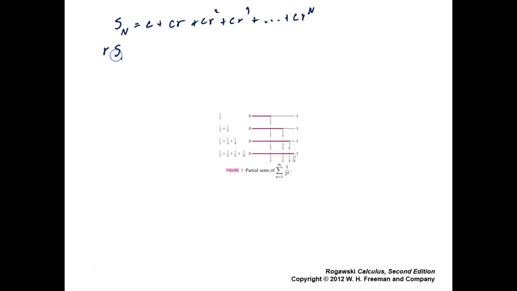R times S sub n would be CR plus CR squared plus CR cubed. You're multiplying each term by R, right? Plus CR to the fourth plus dot, dot, dot, plus CR to the n plus 1. You just multiply by another R.